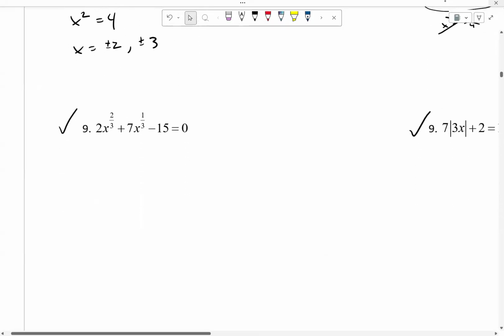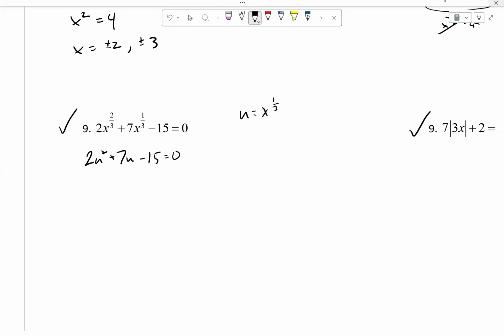Thank you very much. For number 9, I need some help. Walker. Can you tell us the end result? Oh, it's 2u squared plus 7u minus 15.